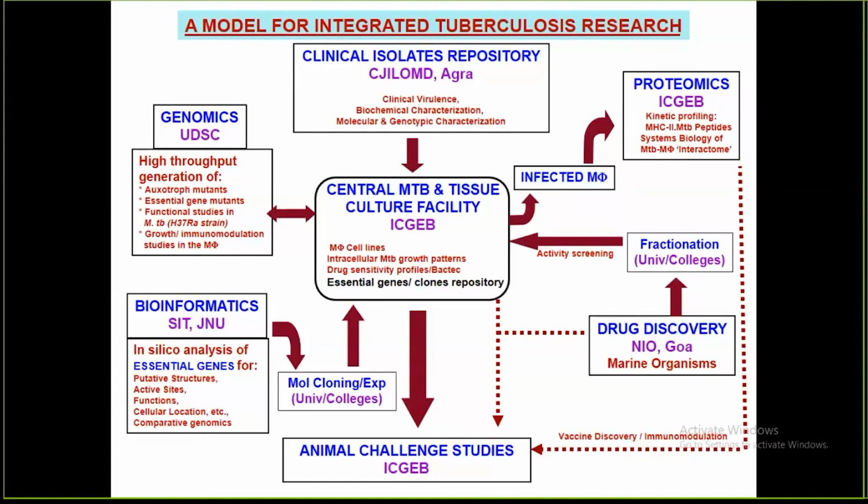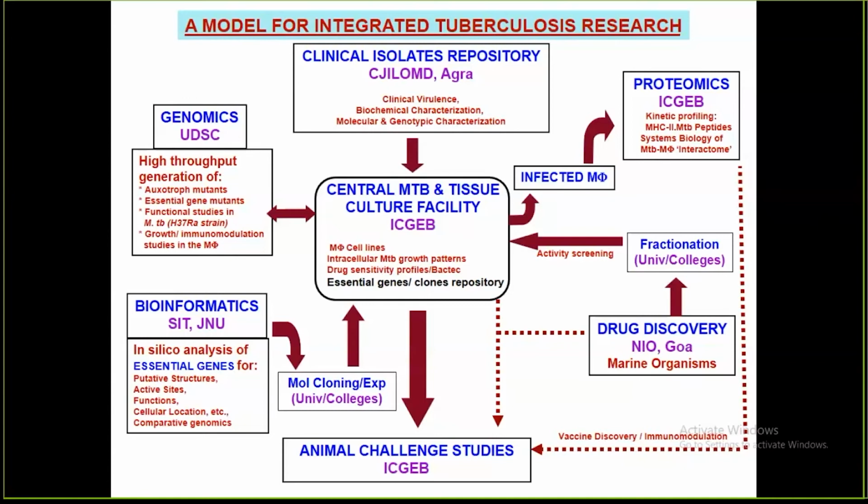While University of Delhi South Campus, UDSC, focused on generating auxotroph mutants, which they hope to use as vaccines. Similarly, essential gene mutants, so that for the genes which are considered essential, if they are mutated, how will they behave.